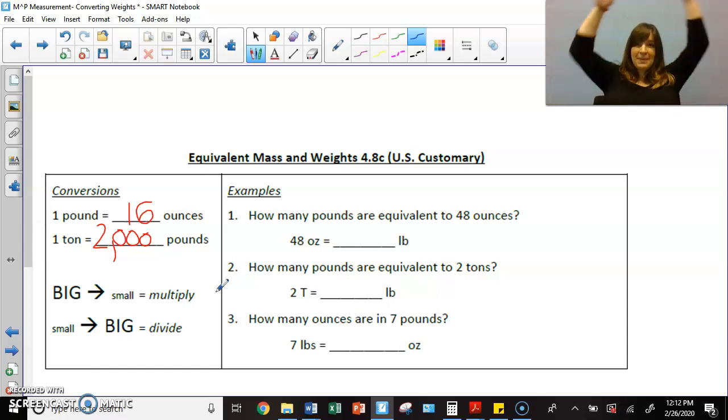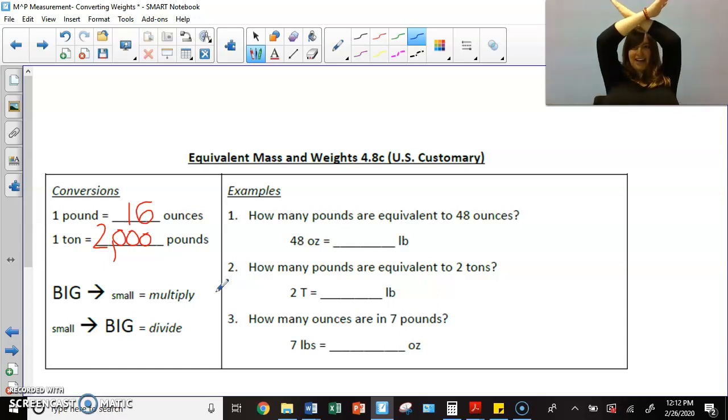So if I know a bigger unit, I'm going to multiply by that number to get my equivalent measurement for my smaller amount. If I start out with a smaller unit, I am going to divide in order to get the equivalent amount for the bigger unit.